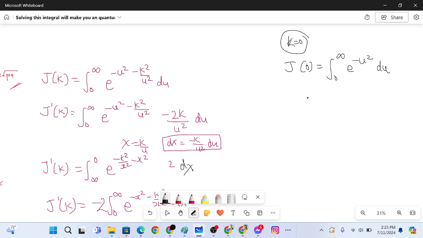We can actually solve this easily if we just convert this to a double integral and then take the square root. The double integral comes out to be pi by 4, and so the square root will be root pi by 2. You can find lots of sources on YouTube on how to solve the Gaussian integral. And yes, this is root pi by 2.